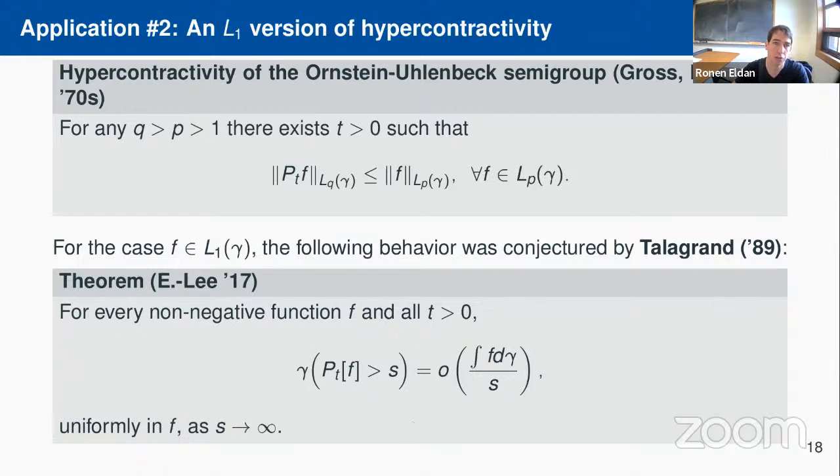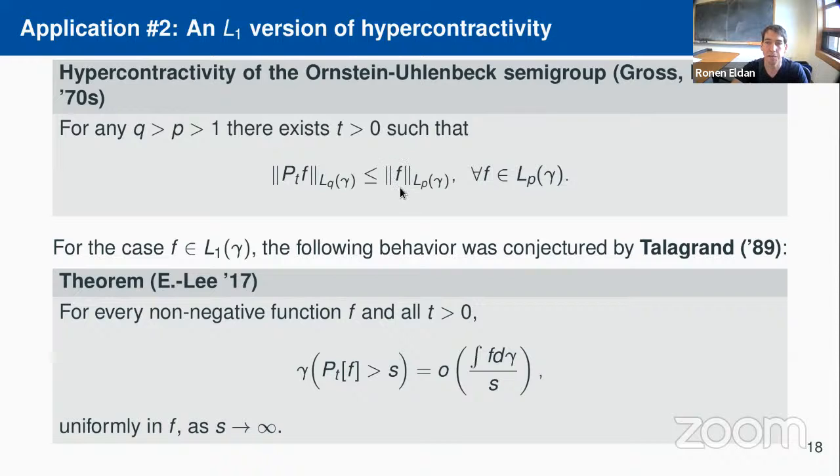The second application is for some kind of L1 version of hypercontractivity. So a classical result in Gaussian space asserts the following. If I consider the Ornstein-Uhlenbeck semigroup, which is basically the heat semigroup in Gaussian space, it has a very nice smoothing property formulated as follows.